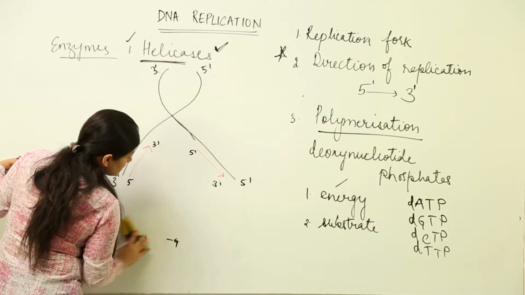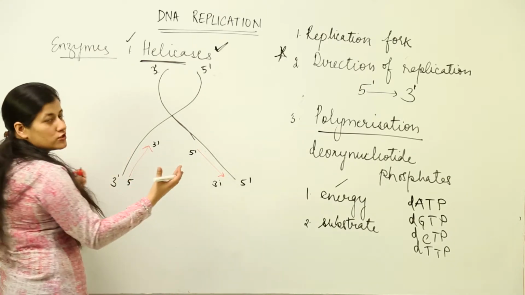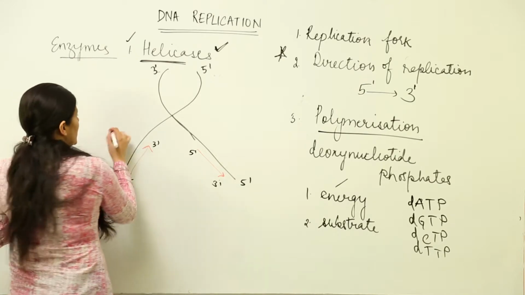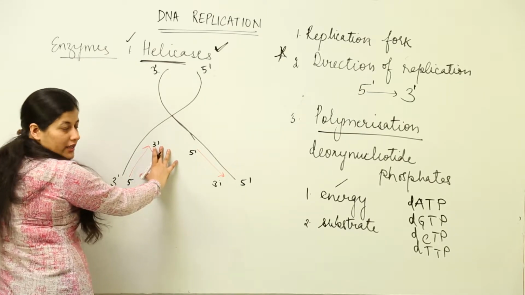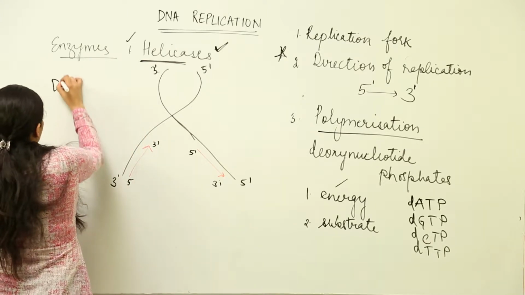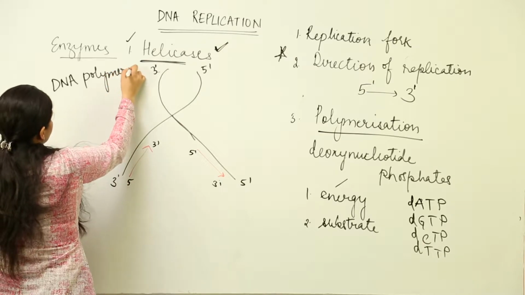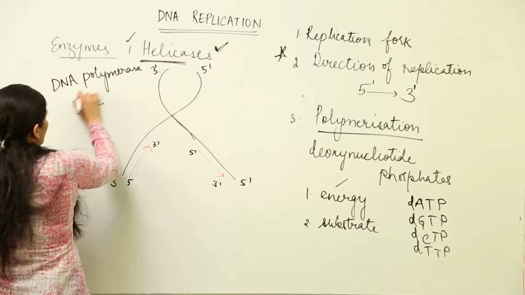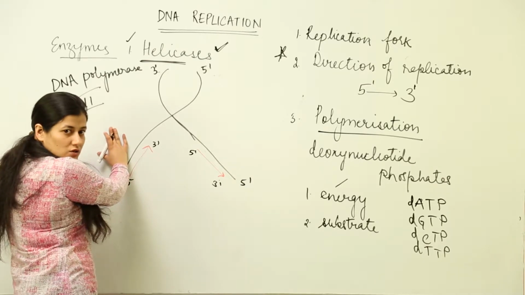Now, why is this direction so specific that it always has to be 5' to 3'? Because this polymerization, or extension of the strand, is carried out by DNA polymerase 3. Now, this DNA polymerase 3 is an enzyme, and again, it has a lot of tantrums.